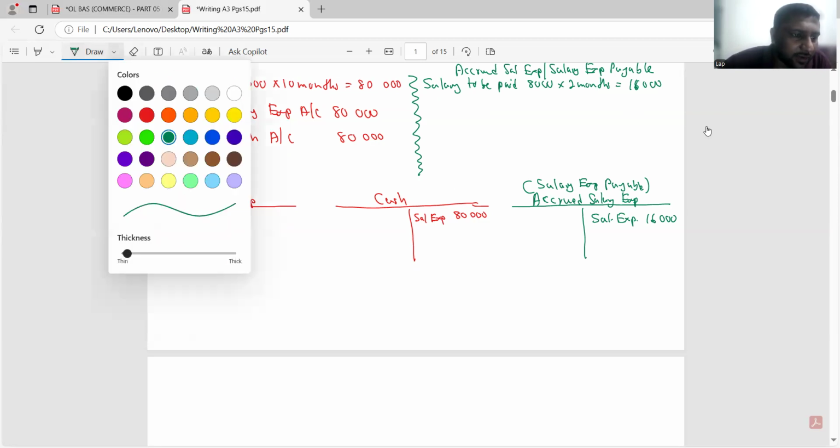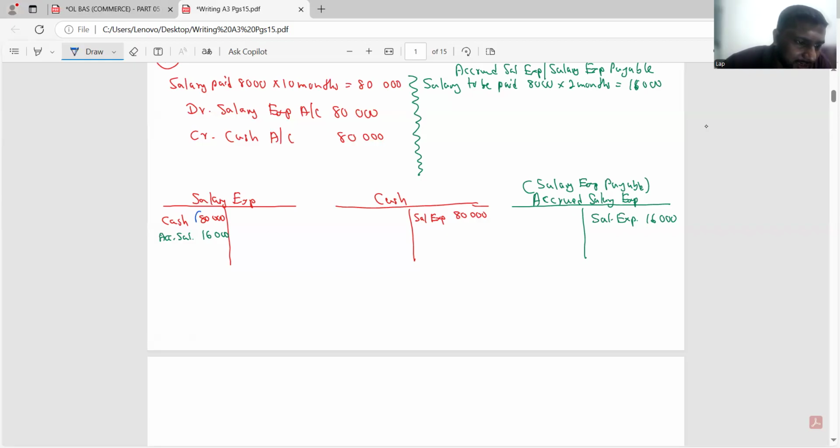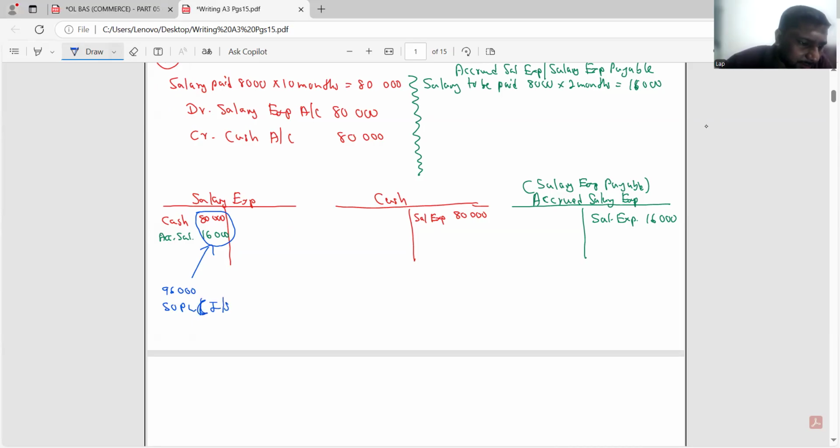Then here what you have to understand, this entire 96,000 will go to the income statement as the salary expense. 96,000 to the statement of profit or loss, not the income statement, as salary expense.